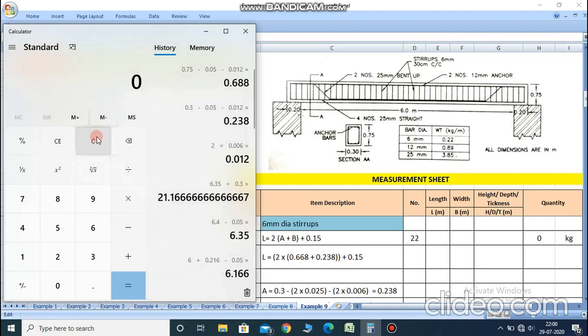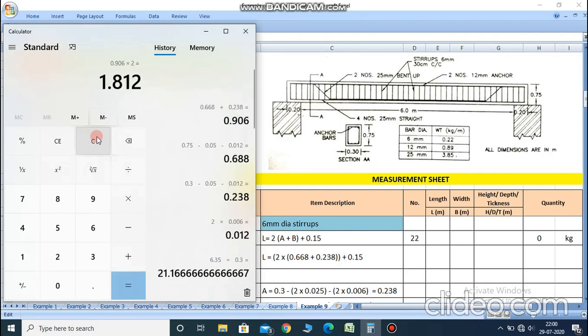Now we calculate 0.688 plus 0.238, multiplied by 2, plus 0.15.